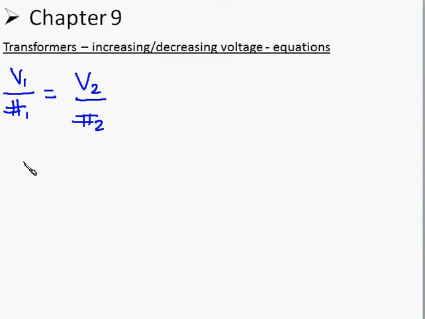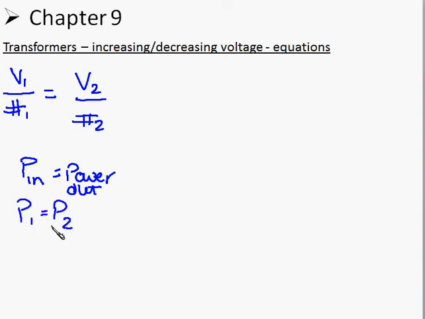Then there's also the conservation of power, basically, that power in equals power out. And so that can be written as P1 equals P2.